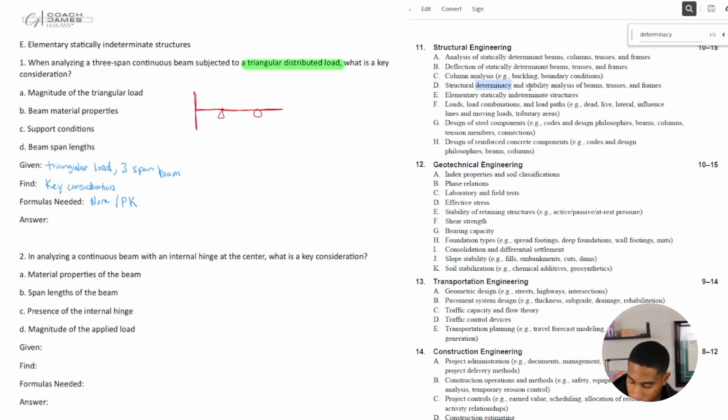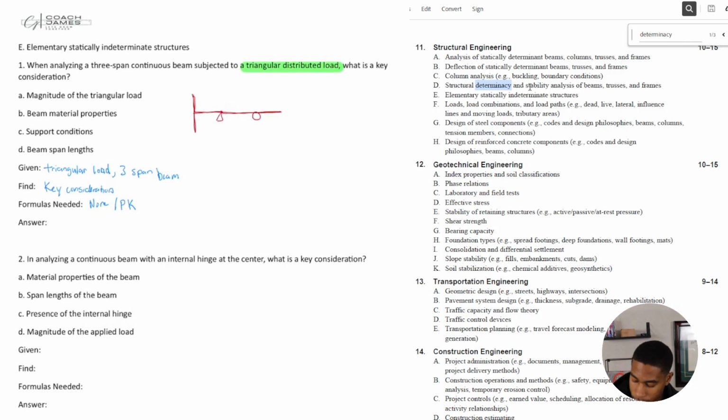And so the question asks, what is a key consideration, right? So let me draw out what they mean by a triangular load. It just means that they're putting a force down that is triangularly distributed. That makes sense. So you got force coming down, but it's not all the same.